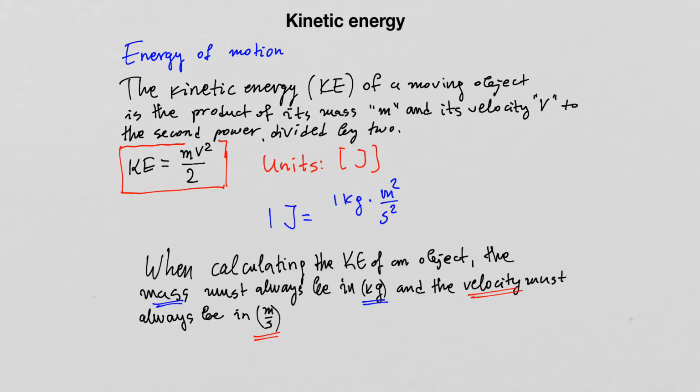One more time, when calculating the kinetic energy of an object, the mass must always be converted into kilograms, and the velocity must always be converted into meters per second. If the units for mass and velocity are not the ones that I just stated, then the calculated kinetic energy will not be in units of joules, and therefore the result of your calculation will be wrong.